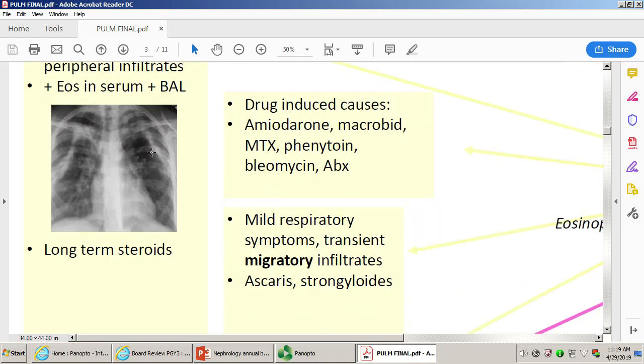We already said we're giving them long-term steroids. This is our chronic eosinophilic pneumonia. It's not acute because they present how? Very sick, like ARDS, intubated, high mortality. And then what do you see on chest x-ray for chronic eosinophilic pneumonia?